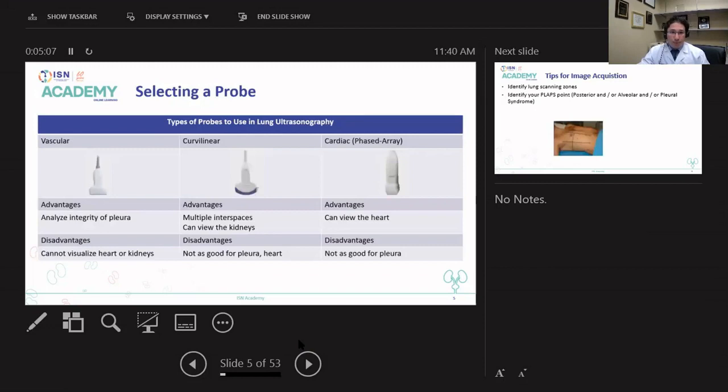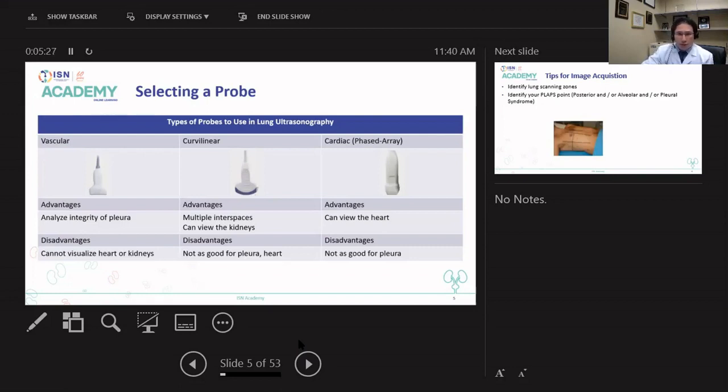Selecting a probe. There are three different types of probes that you need to know about. The first is the vascular probe. This is the linear probe that you are probably familiar with for when you do dialysis catheter placement.